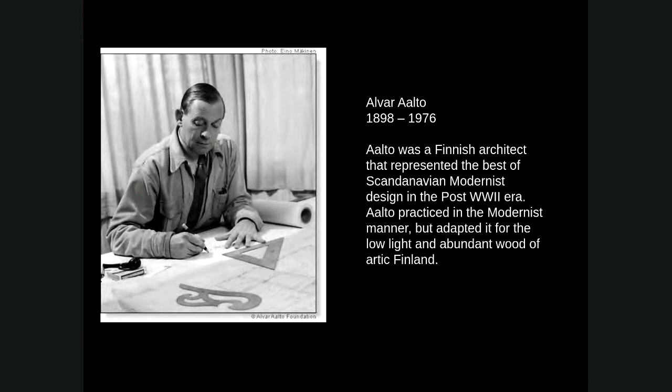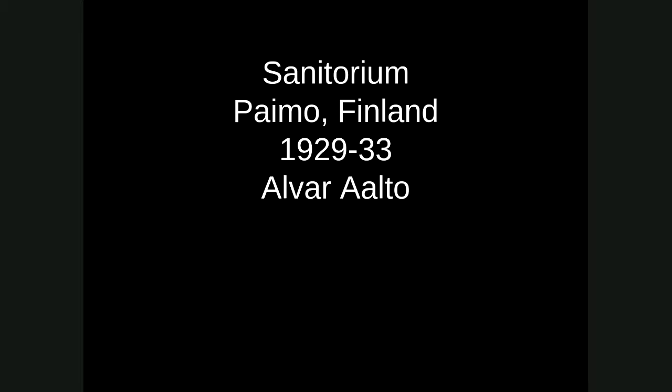He's kind of the next generation after Saarinen, and really adapts in the 30s the idea of modernism and so forth, and slowly adapts it over time. But he really wants his architecture to feel like it belongs in Finland. And an early project, which is much more pure international style, is the Sanatorium in Paimio from 1929-1933.